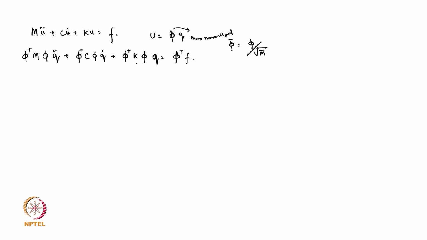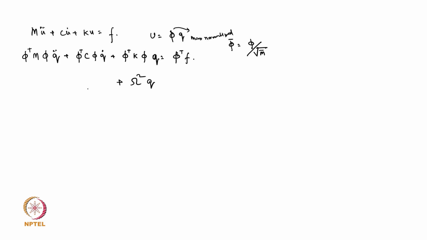So if we are using this as mass normalized eigenvectors, we can say that this one is nothing but my omega square. I wrote it as a capital omega just to indicate that this is a matrix, not a value. Omega square.